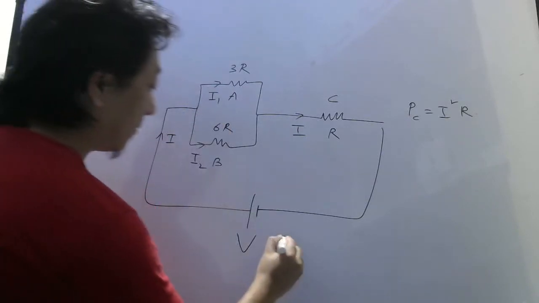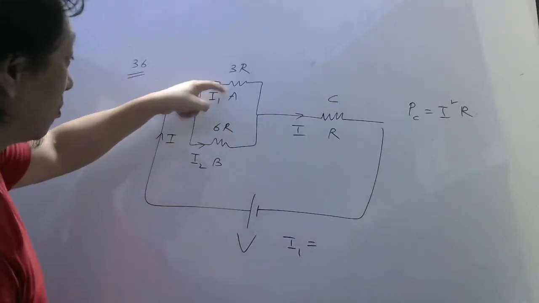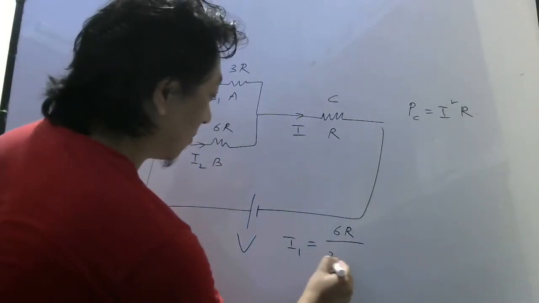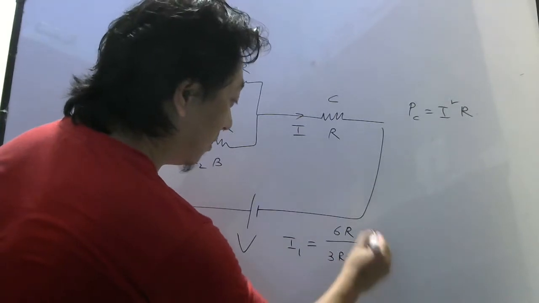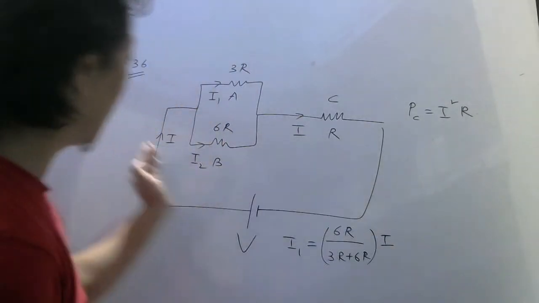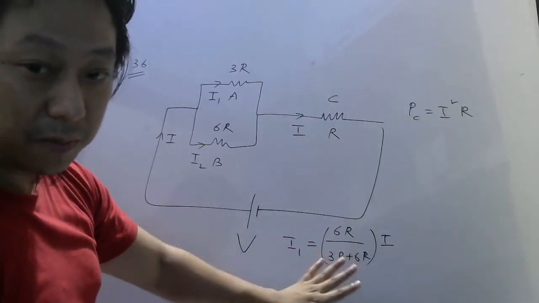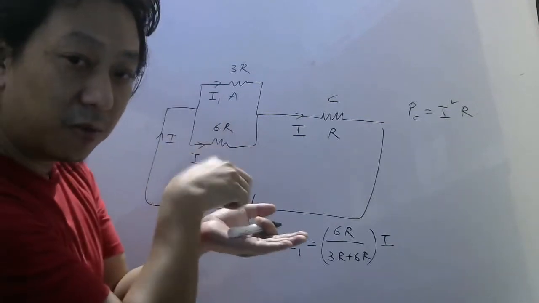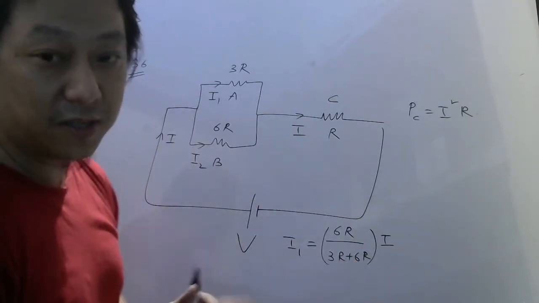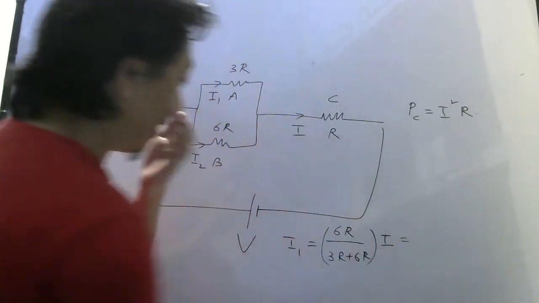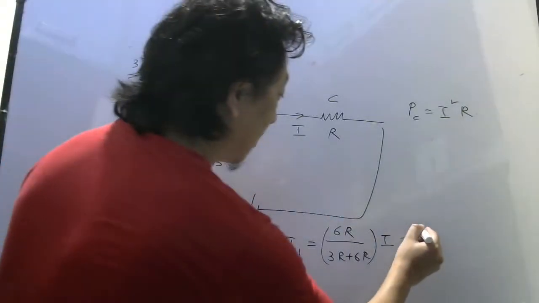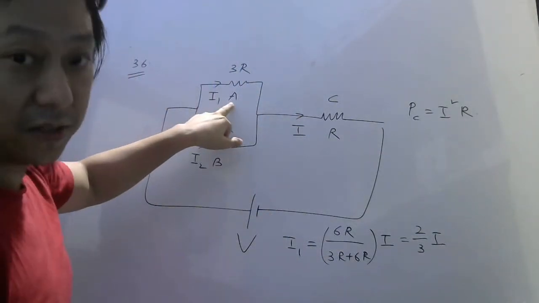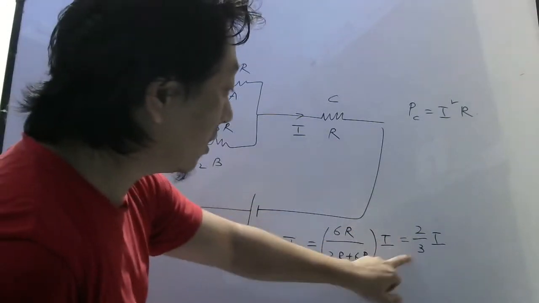I1 will be the resistance of the opposite branch, 6R, divided by the sum of resistances, 3R plus 6R, into the main current I. This formula I have given, if you remember, use it. If you don't remember also, you know the voltage here should be the same, so from that concept also you can derive this, but better to memorize this result. So this will be 6 by 9, R will cancel, 2 by 3 I. So current in resistor A is 2/3 of the main current.